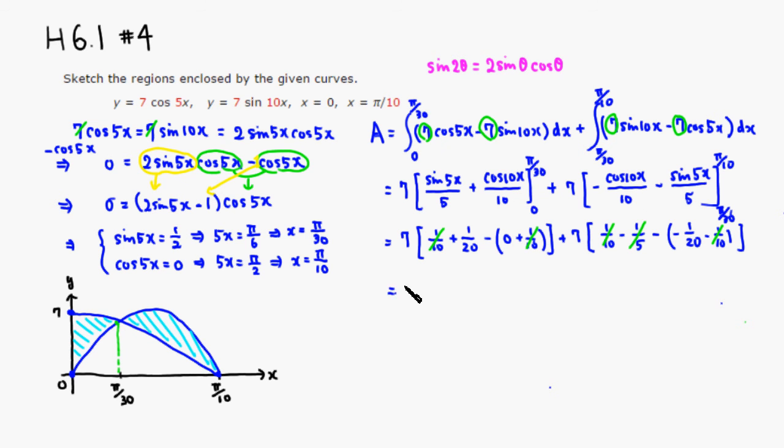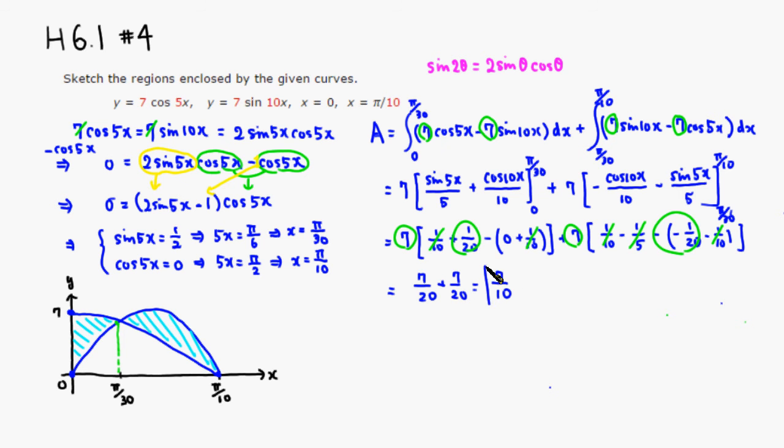So this is going to be 7 over 20 from here, and we have another 7 over 20, which would be 7 over 10.